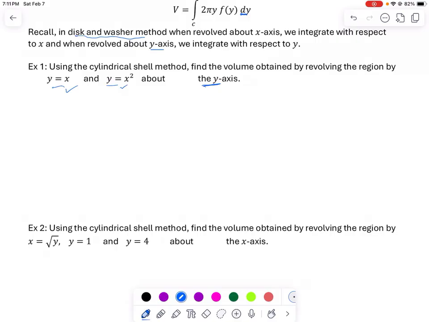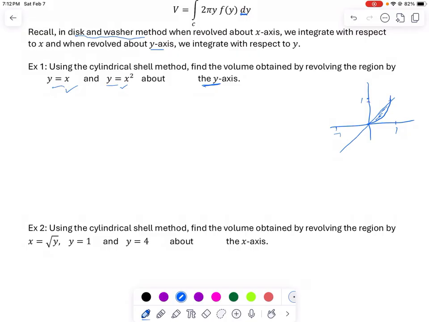Okay, let's try to draw them. So one is just y is equal to x, which goes like this, and the other one is x square, which goes something like that. So we know that they intersect at 1, 1.